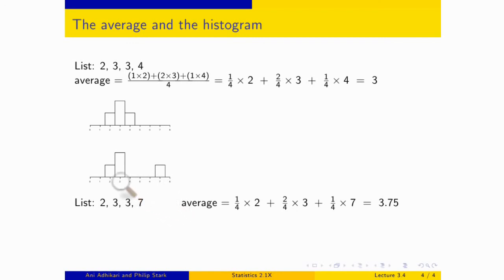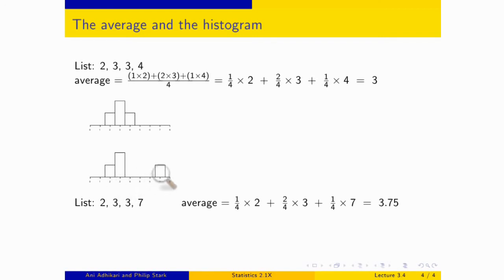And if you're not convinced of that, some of you are saying, well, wait a minute, half the area is to the left of 3. You are quite right. Half the area is to the right of 3. You are quite right. But it still won't balance at 3. It's not just how much area is on either side. It is where that area is located.